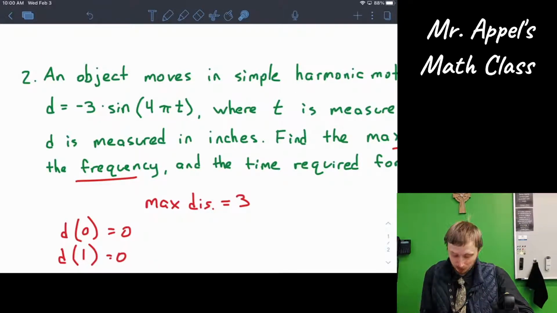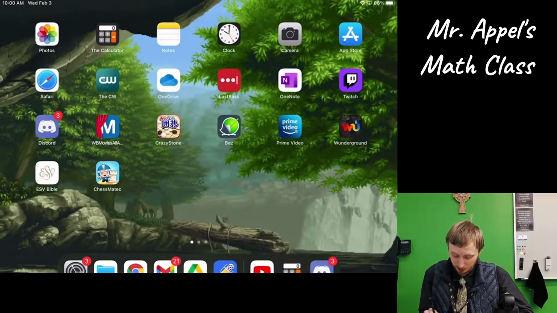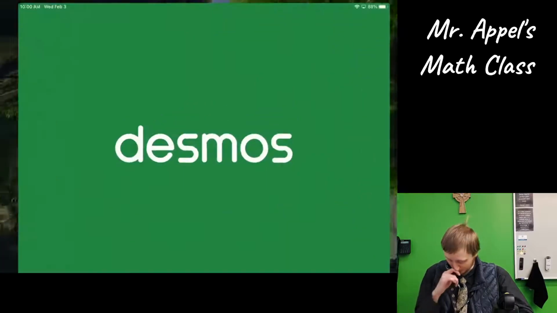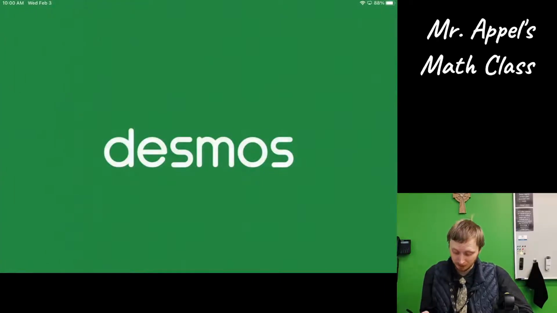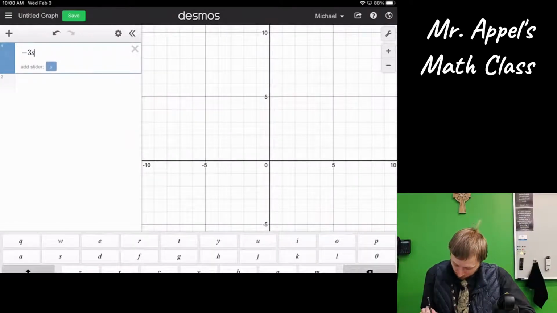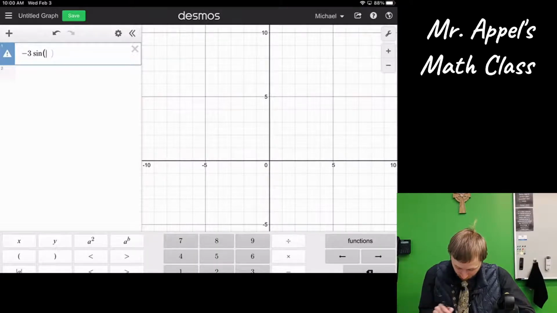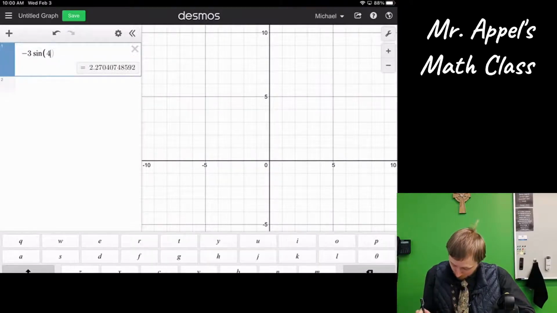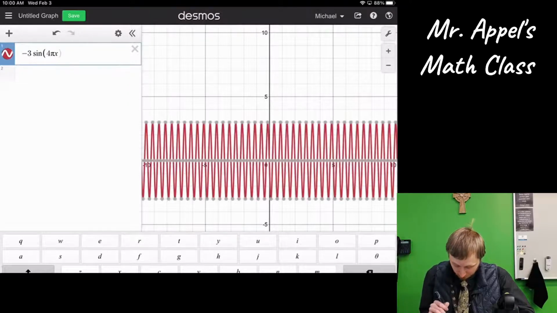So let's go to Desmos calculator. -3 sine of 4 pi t. Here we go. -3 sine of 4 pi and our variable x.